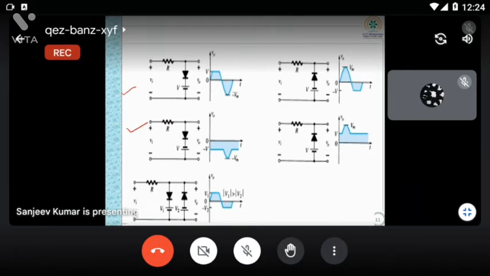Now coming to the third one. Here I want to clip both sides. So now you can see positive V and this is V2. Accordingly I can give V1 and V2, so both sides you can clip.